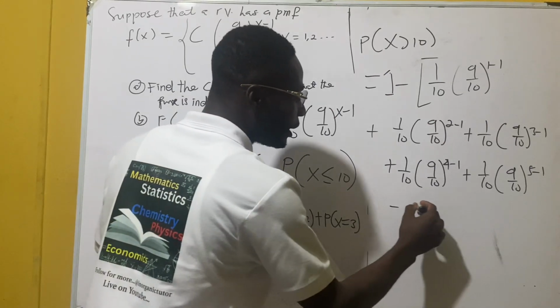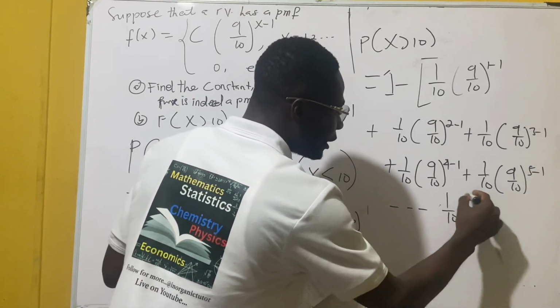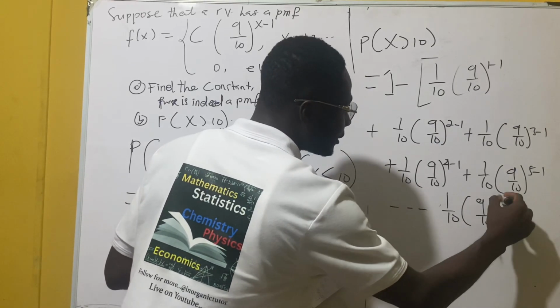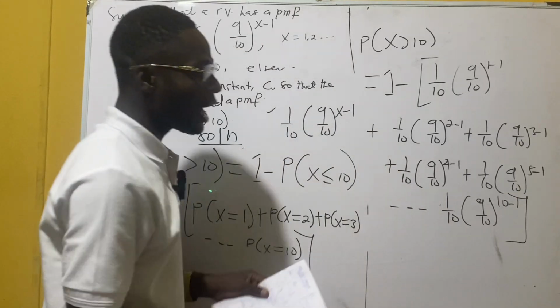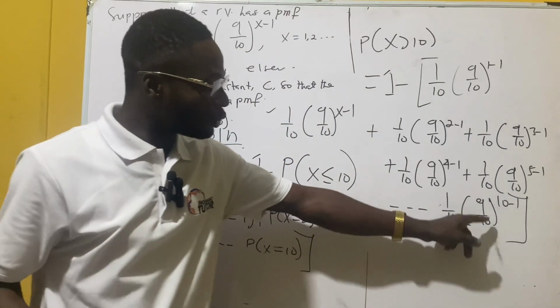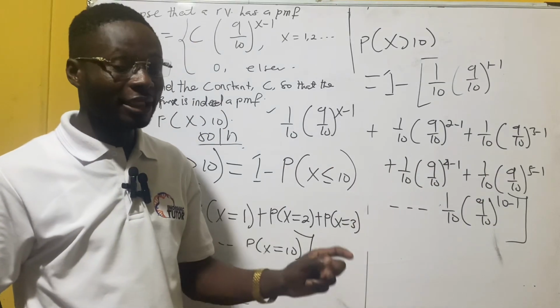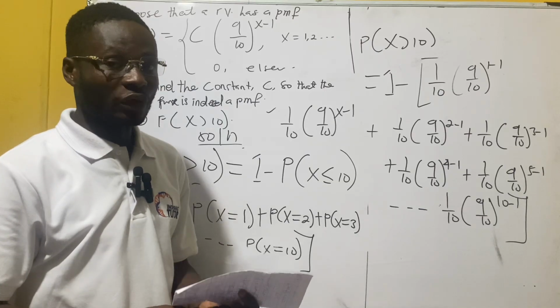So we do this up to 1 on 10 into 9 on 10 exponent 10 minus 1, and that will be the probability of x less or equal to 10.